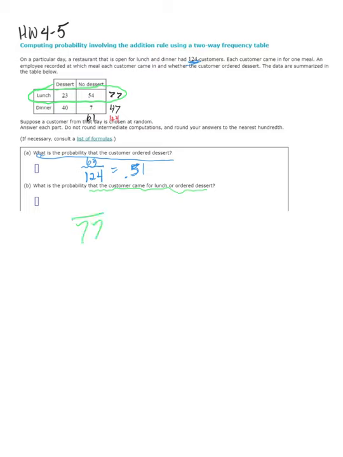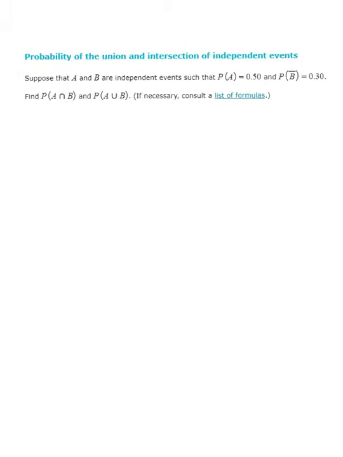Well, it looks like 23 out of that 77. So 23 divided by 77, round it to a couple of decimal places. You got about a 30% chance that somebody coming in for lunch ordered dessert. All right, that's how you're going to tackle that problem. Let's go to the next one.